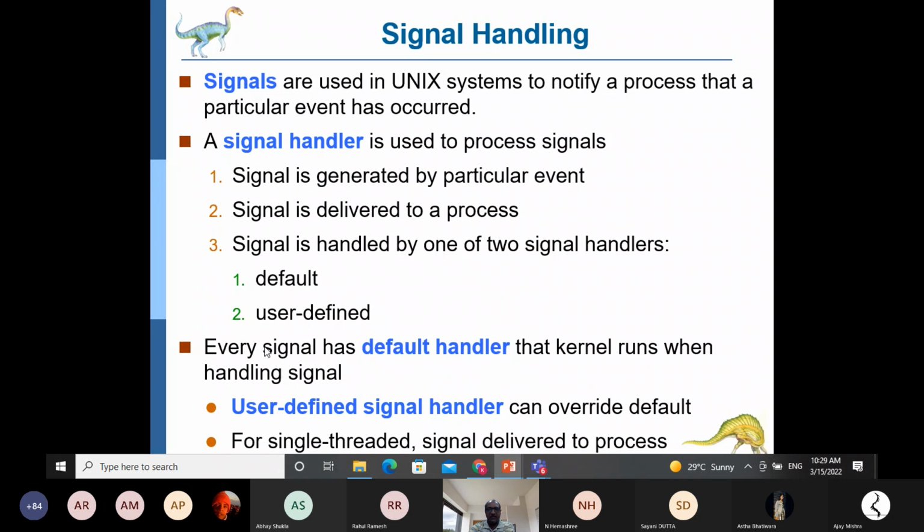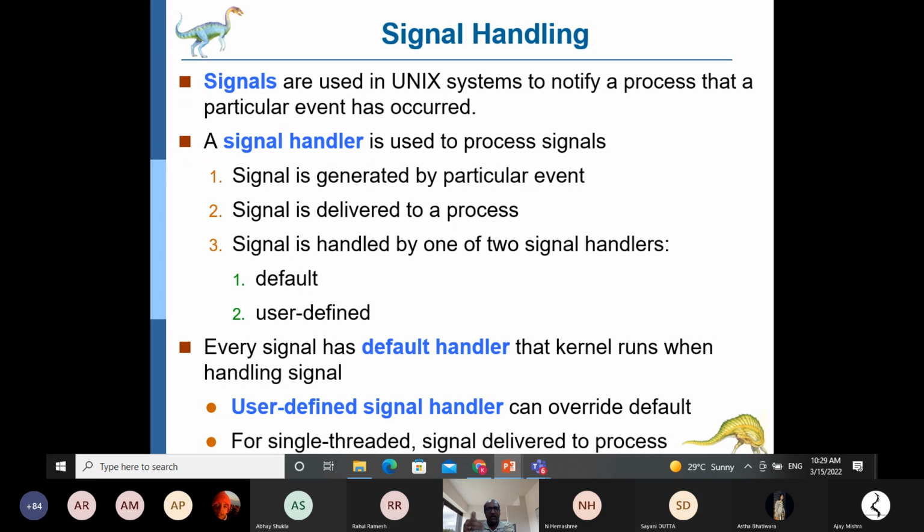Each signal has a default handler, as I mentioned, run by the kernel to handle the signal. Otherwise, a user-defined signal handler will override it. That means if a particular signal already has a signal handler defined by the application programmer, then it will override the default handler.